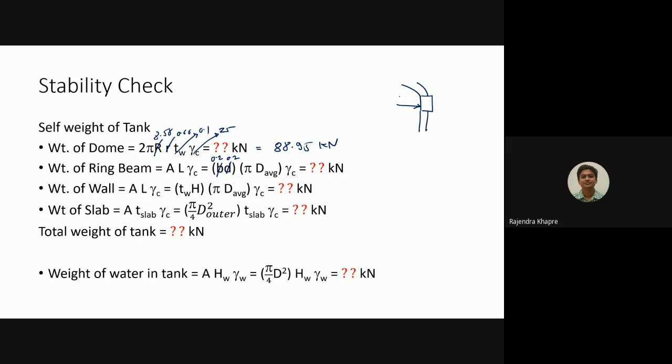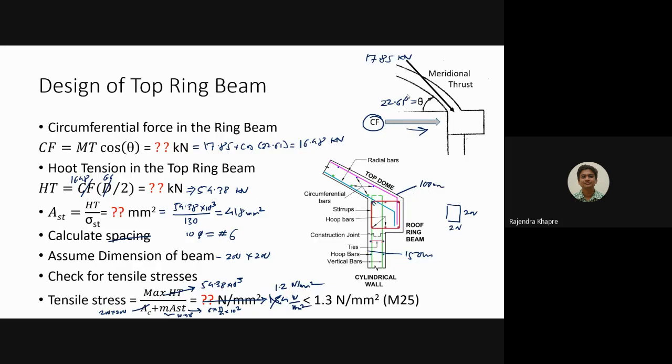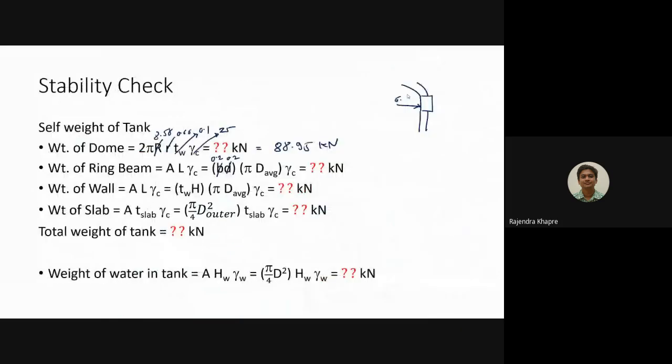Here the diameter is, I think, 6.6. Exact diameter value, tell me. 6.6 meters, okay. If you consider the diameter at this level, it will be 6.6 plus 0.2 plus 0.2, that comes out to be 7.